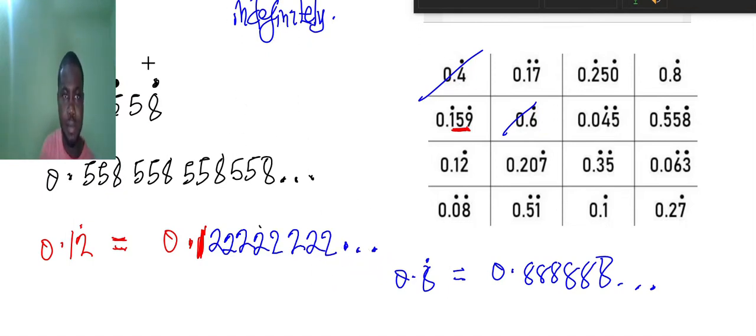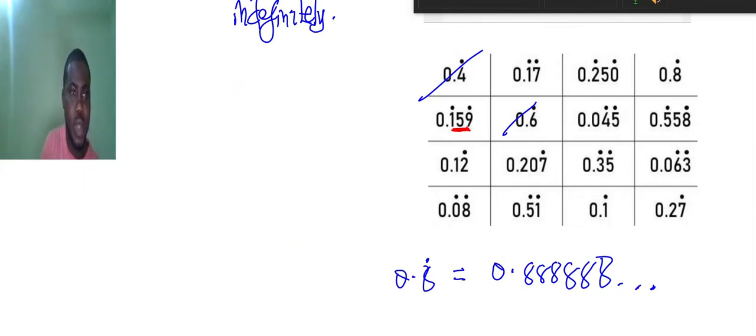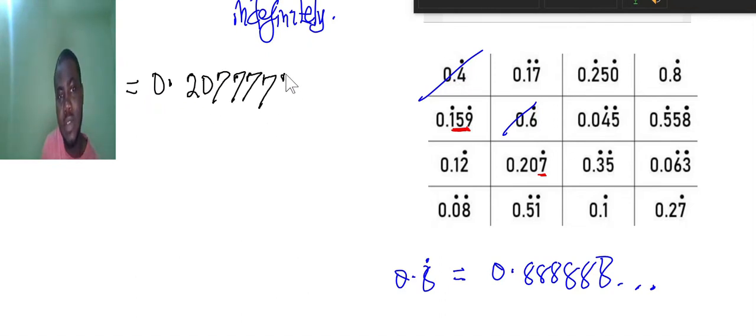0.207. So we need to know the number of digits of recurrence. How many digits of recurring decimal? Just only one. So the interpretation of 0.207 means 0.2077777, like that.